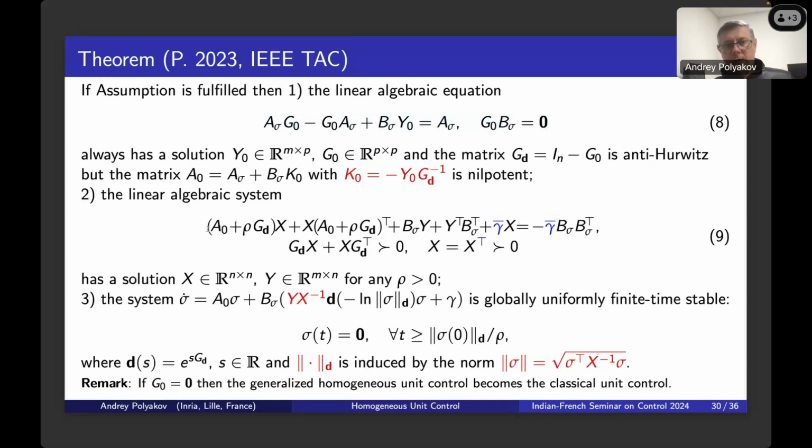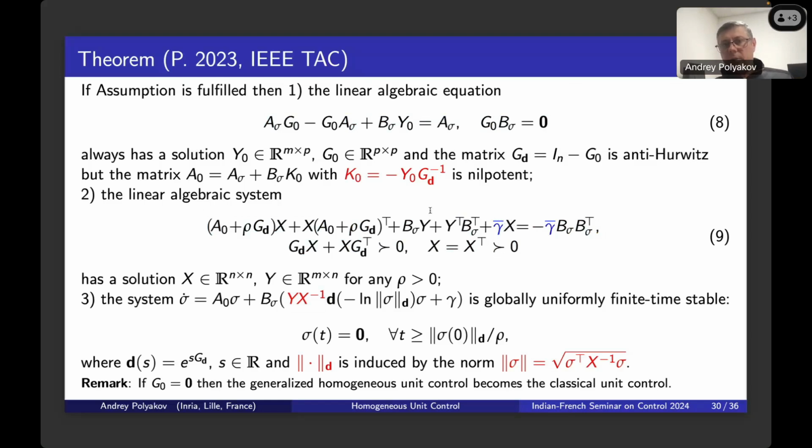And next we solve an algebraic system, which is an algebraic equation plus an LMI, which is required to design the gain K for the control. This is our gain K for the control. And this K0 and K are designed dependently on the magnitude of the perturbation gamma. So this estimation of the norm of the gamma simply appears in the LMI we need to solve.